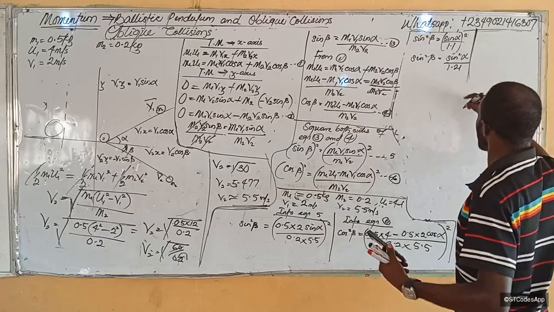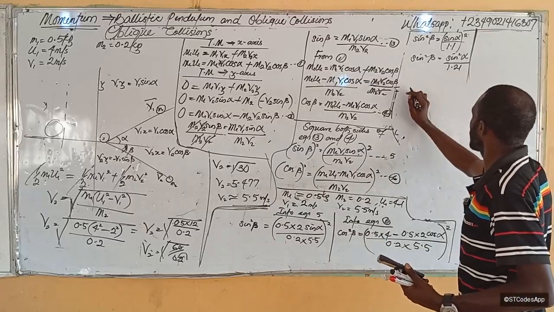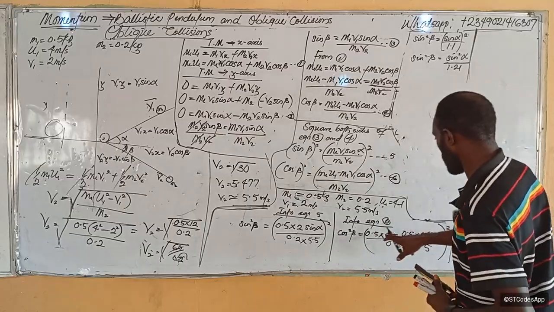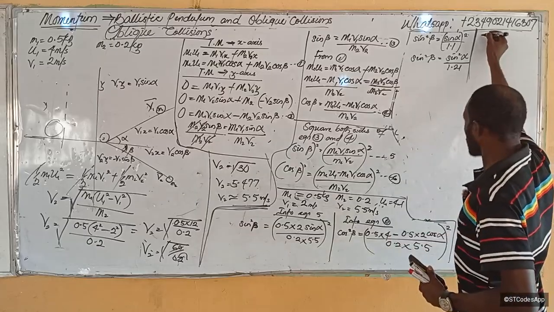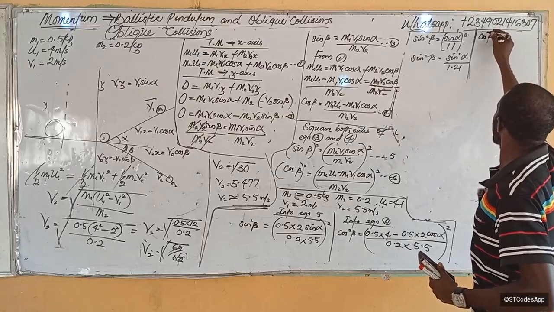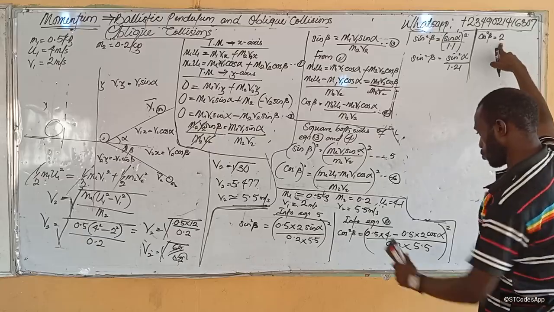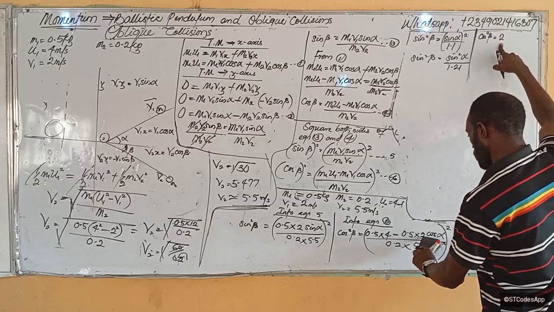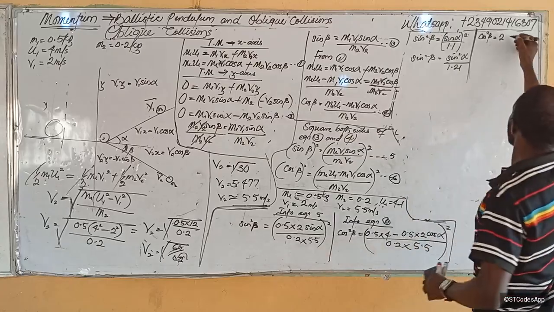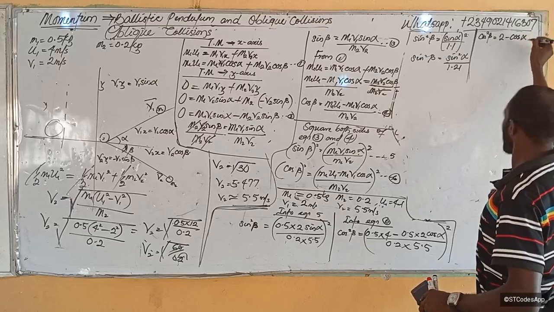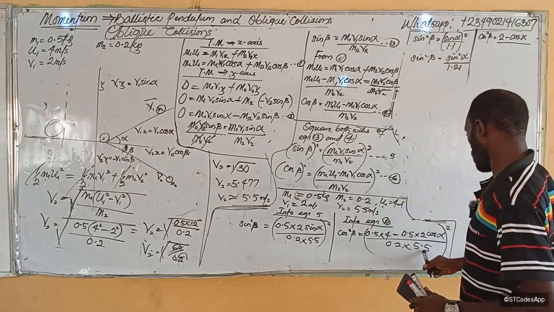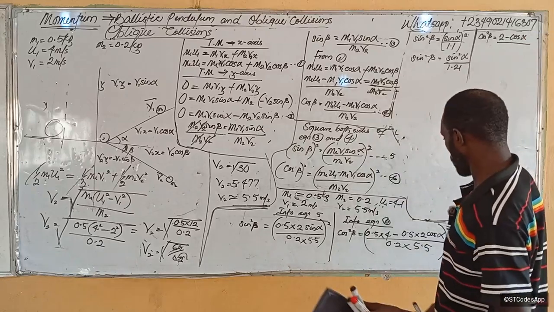Then the other one, I separate the other one now. This other place becomes 0.5 times 4, that's 2. So that will become cos squared beta equal to 2, minus 0.5 times this, that's 1 again. So minus cos alpha over 0.2 times 5.5, that's also 1.1, right?